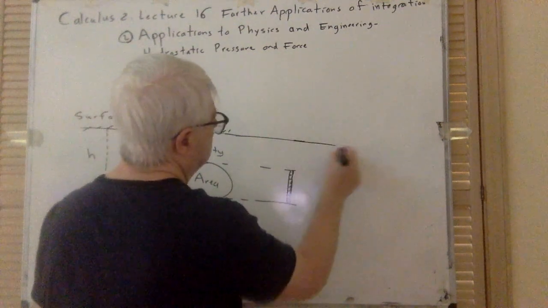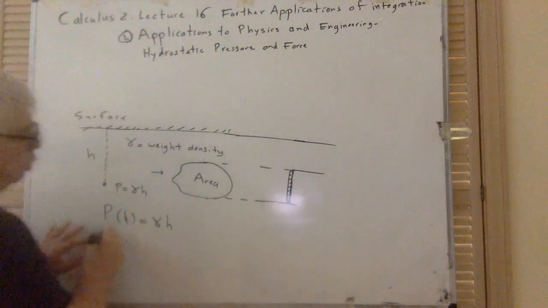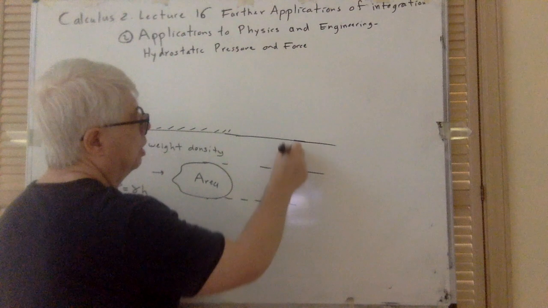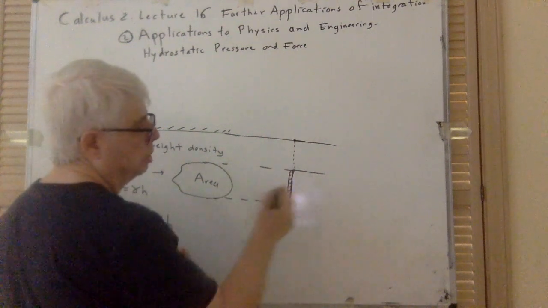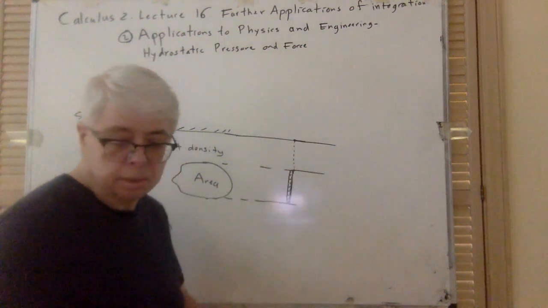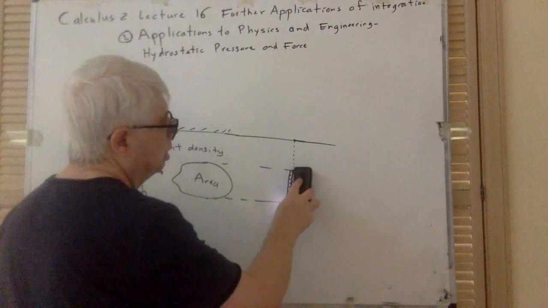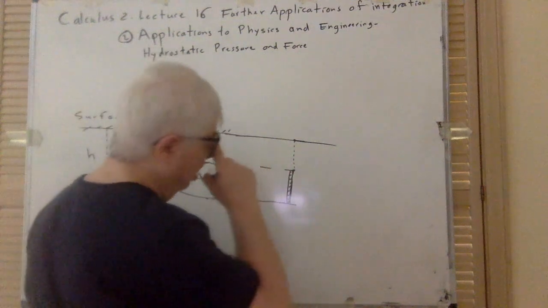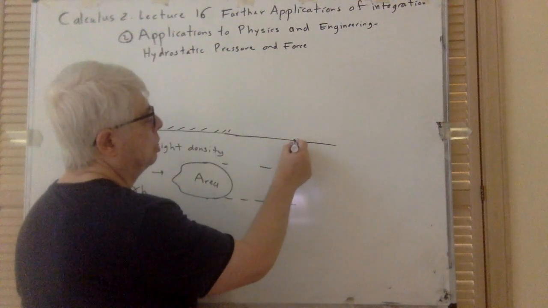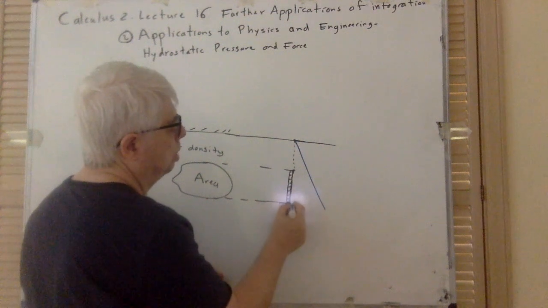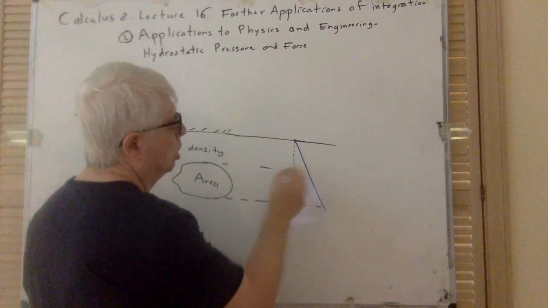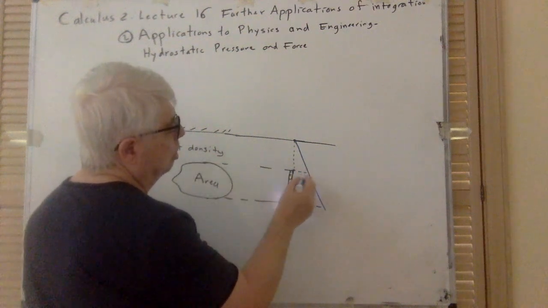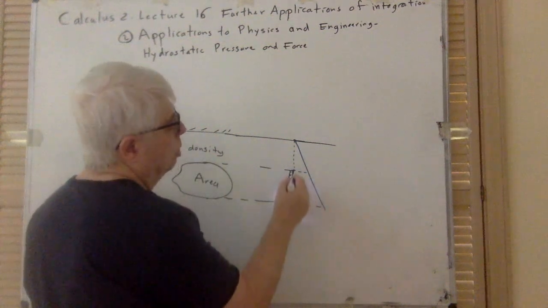Now, what happens is this. This formula gives me the pressure. So the pressure at this point is 0, and then it linearly increases. The pressure linearly increases. So it goes like this. It's 0 here, it linearly increases up, goes to this point. I can draw a vector for that.